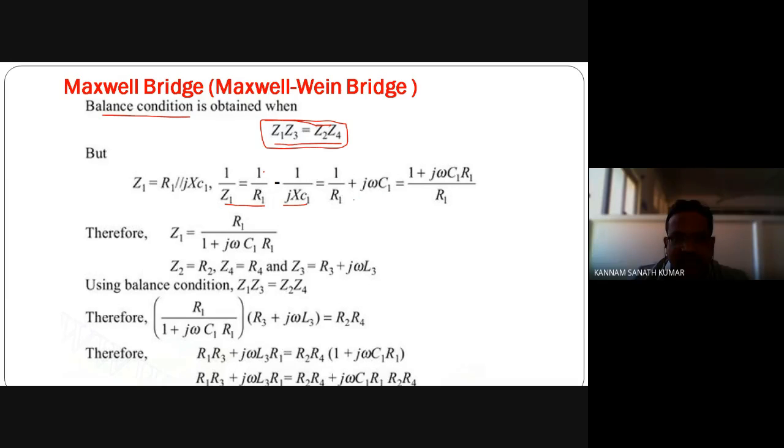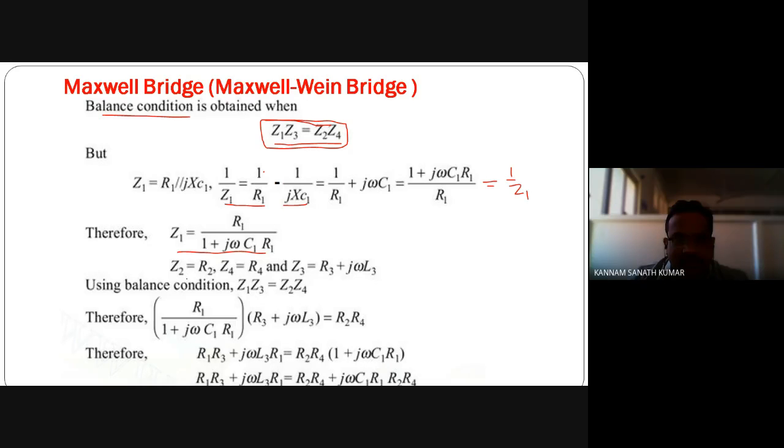Taking the LCM, we get 1 plus j omega C1 R1 by R1. This is 1 by Z1, but we need Z1, so taking the reciprocal, Z1 equals R1 by 1 plus j omega C1 R1.